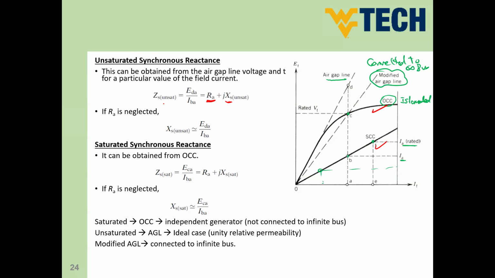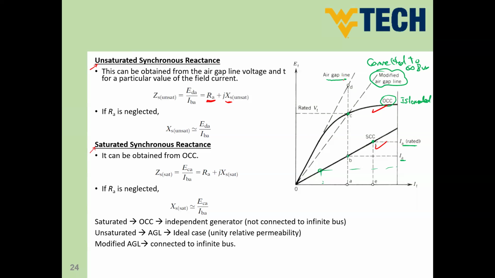But what is the meaning of unsaturated and saturated? So unsaturated synchronous reactance or synchronous impedance, whatever reactance or impedance, if we consider the resistance or neglected. Unsaturated means we will use the air gap line. So the air gap line means this is something ideal.